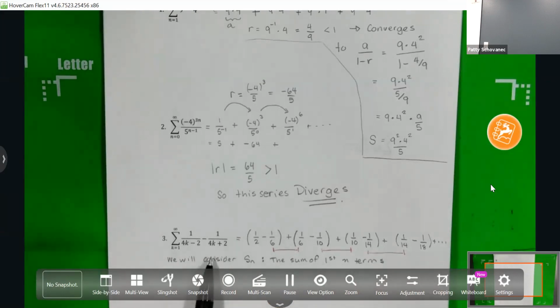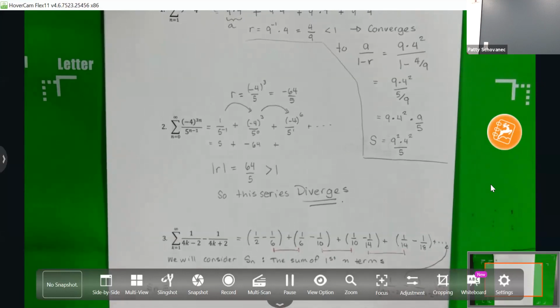So if I run this term out here and stop at term Sn, then I'll have all of this line plus, let's put the Sn term here. I'm replacing k with n. I'll have 1 over 4n minus 2 minus 1 over 4n plus 2. So Sn takes me out to here.